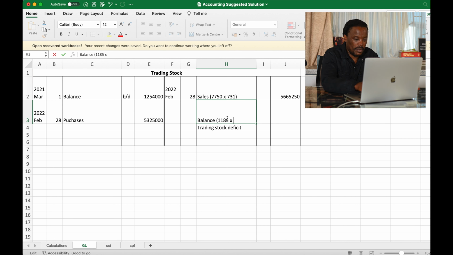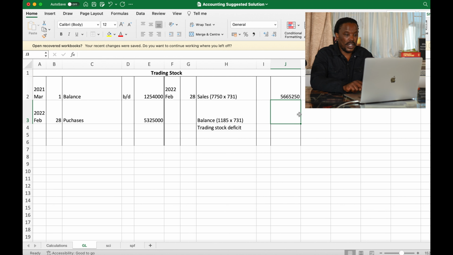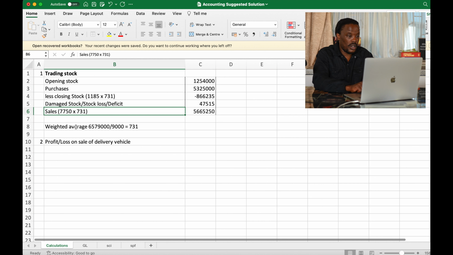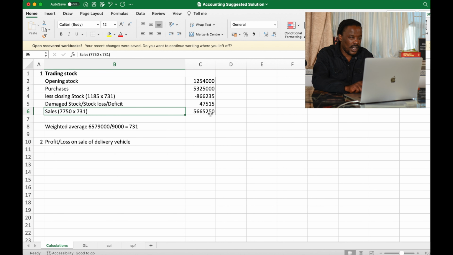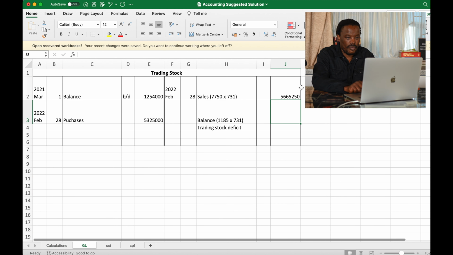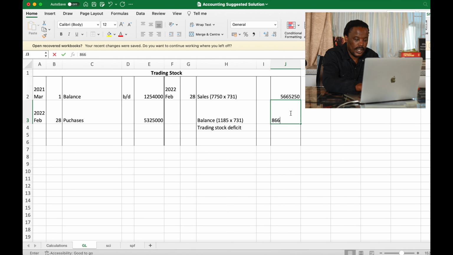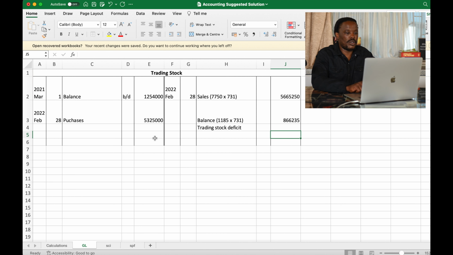1185 multiplied by 731. You did make those calculations, so you look at those calculations and then you said it was 866235. And then you had to close off the accounts, the debit and the credit side.